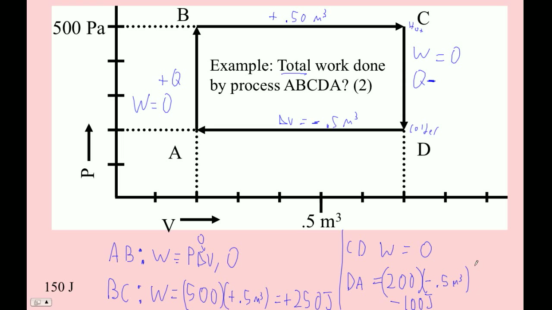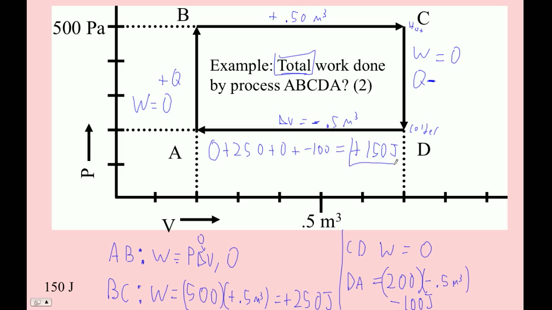Now, if we add up all this work, and that's the question, what is the total work? If we add up all that work, we get 0 plus 250 plus 0 plus negative 100, which equals positive 150 joules.